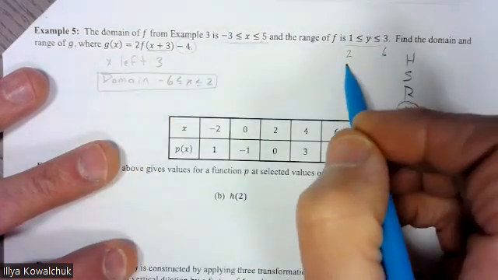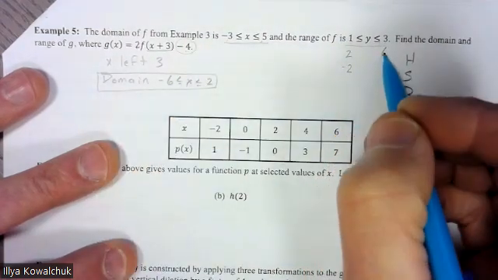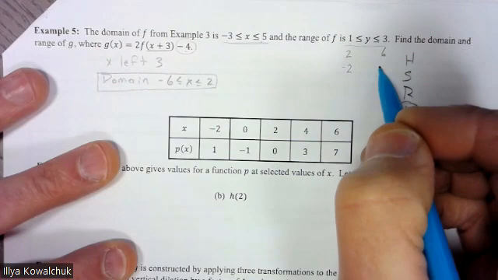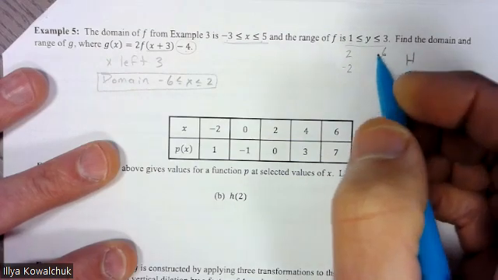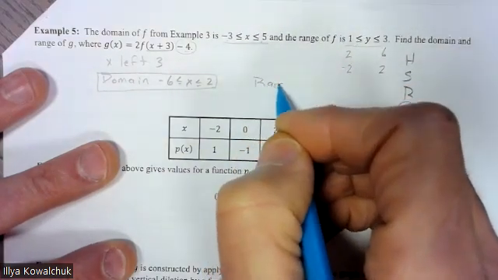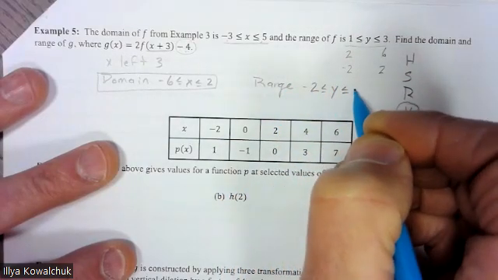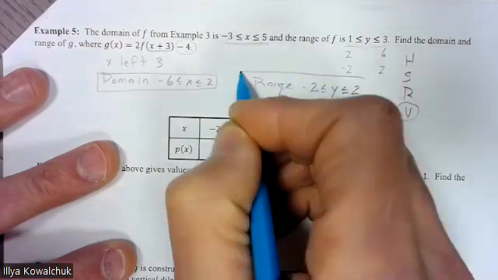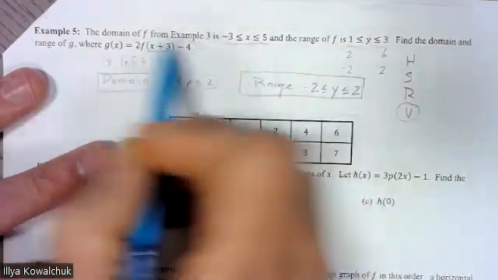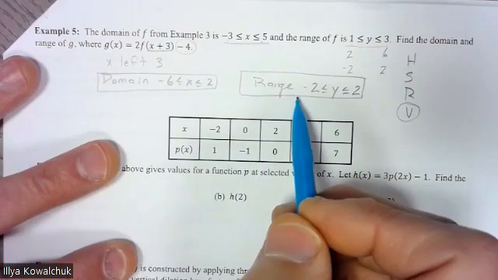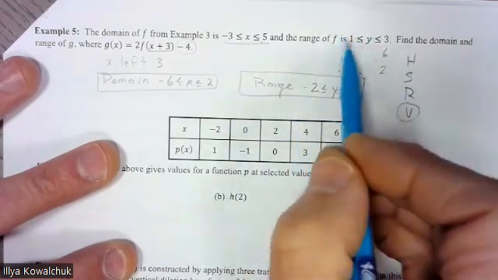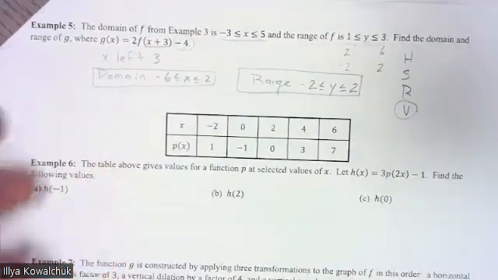Now I subtract 4 from each of those, and I get -2, and 6 minus 4 is 2. So then my new range is going to be -2 is less than or equal to y, which is less than or equal to 2. Okay? So I have to think about how my functions are changing, and then I apply those in the right order to my range and my domain.